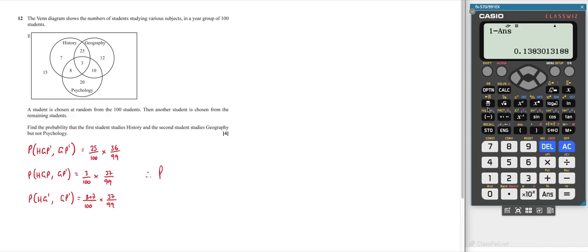So the probability I get history and then a geography not psychology person is the sum of all that.